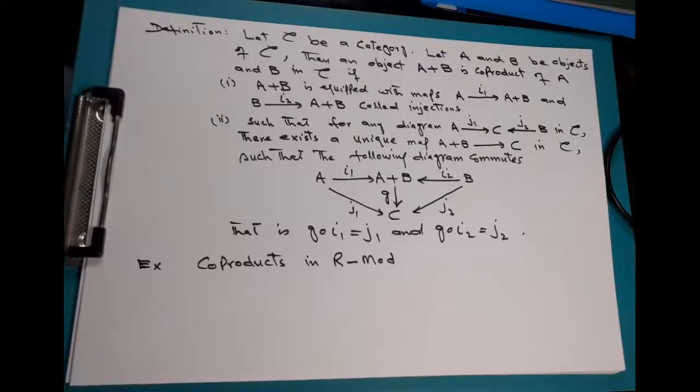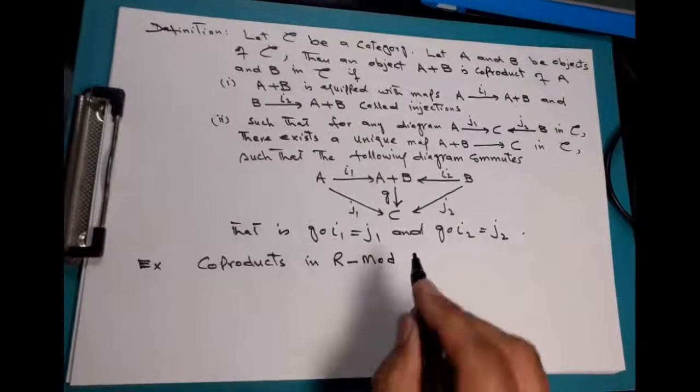So in order to begin with the understanding of the concept of product and co-product, it is advisable to try to understand the product of two objects. So we are going to discuss the product of two left R modules in the category R-Mod.